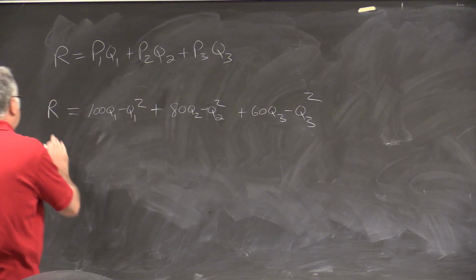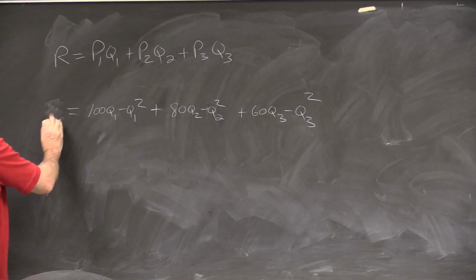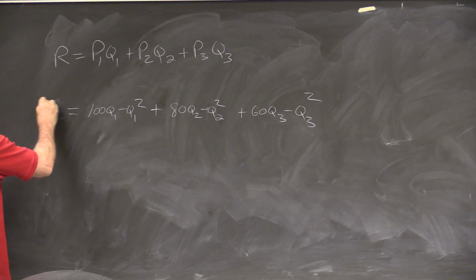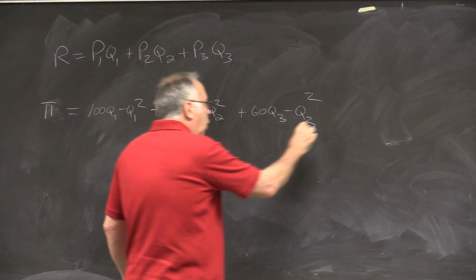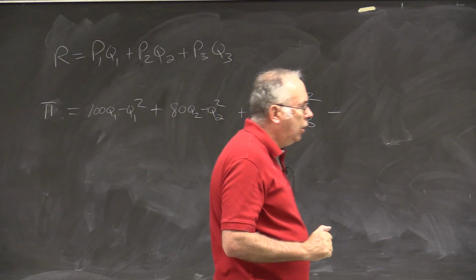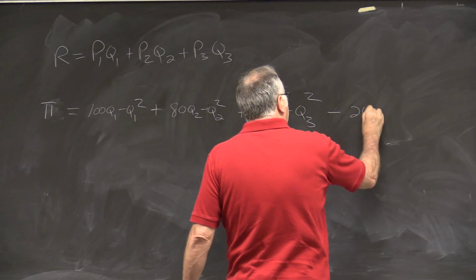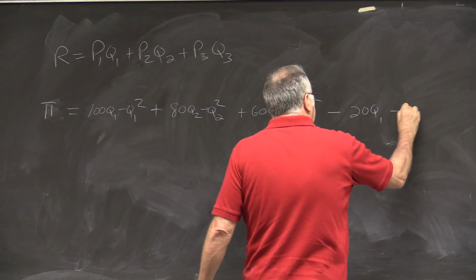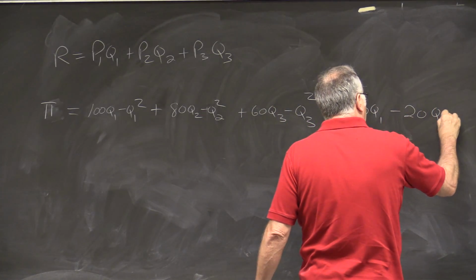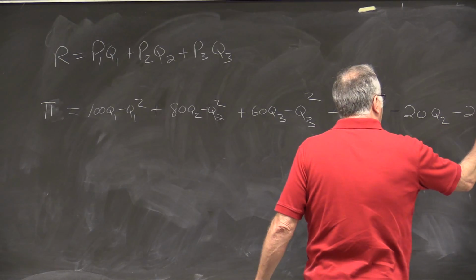Therefore, profit is just revenue minus cost, and the cost is simply going to be minus 20 Q1 minus 20 Q2 minus 20 Q3.